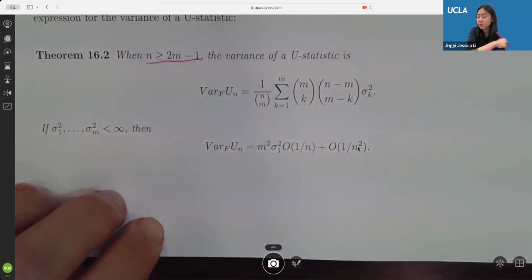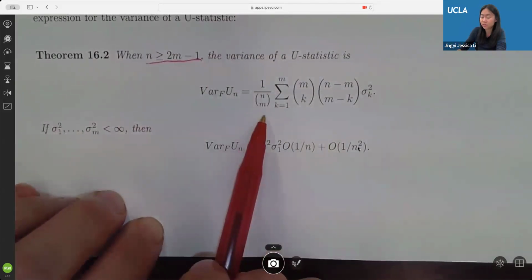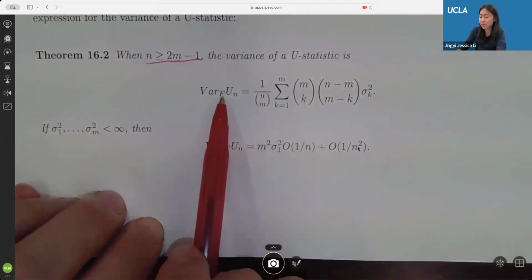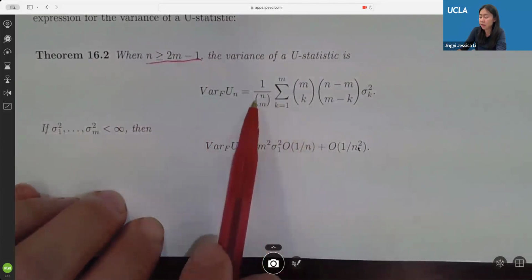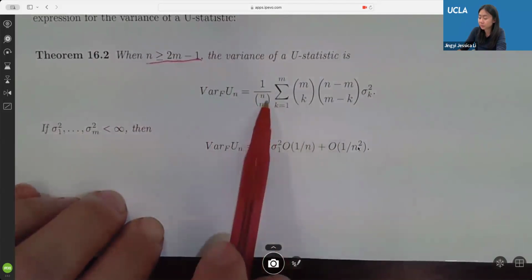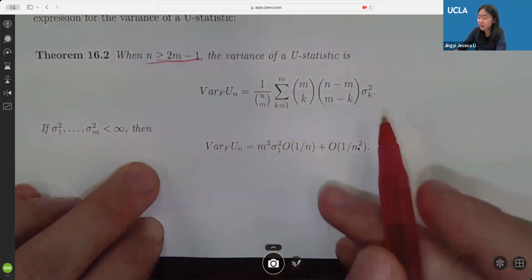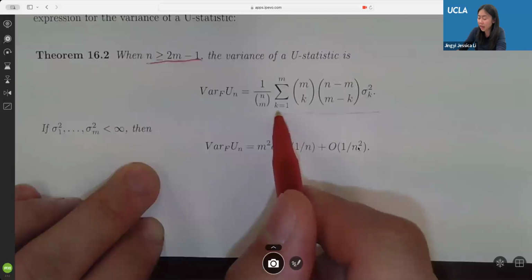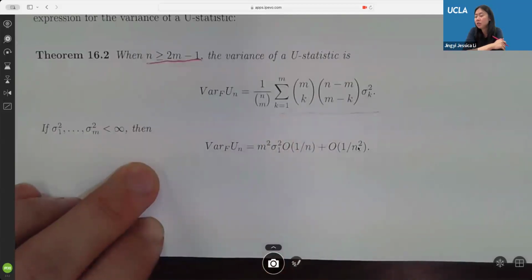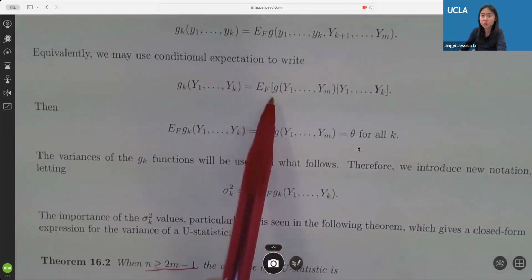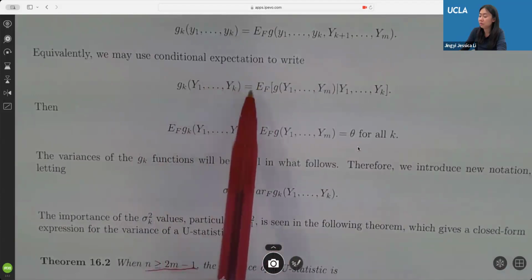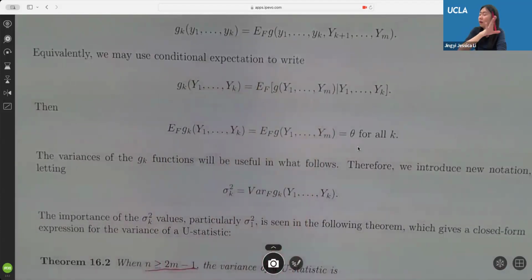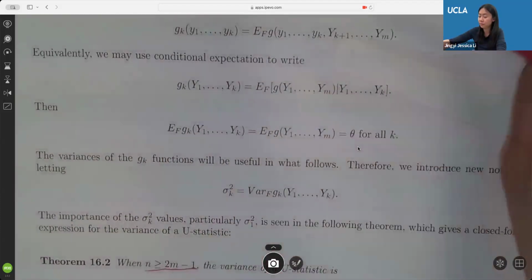The variance of a U statistic is in this form. And remember, U statistic has combinations, it's like combinatorics, n choose m. So what we are doing inside here is that k is the k dimensions in your projection. Essentially, you're projecting g to gk by keeping only the first k dimensions, and for the remaining dimensions, you take care of them by expectation.